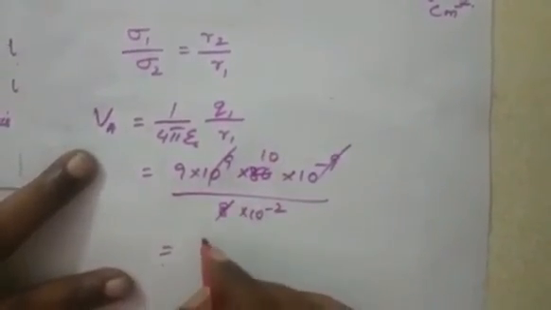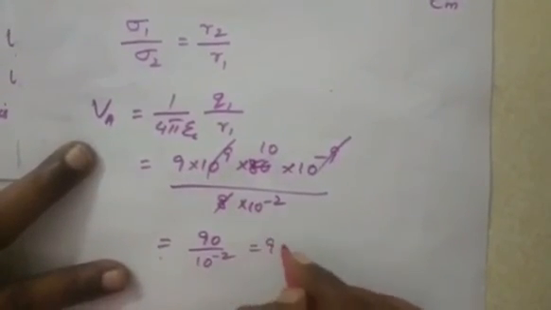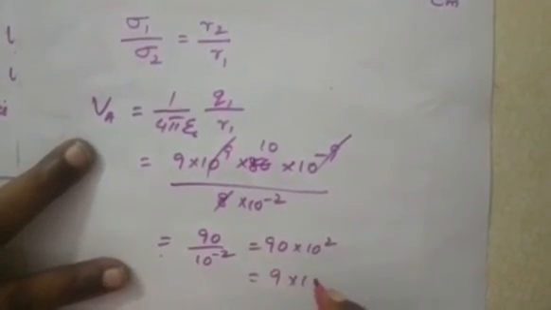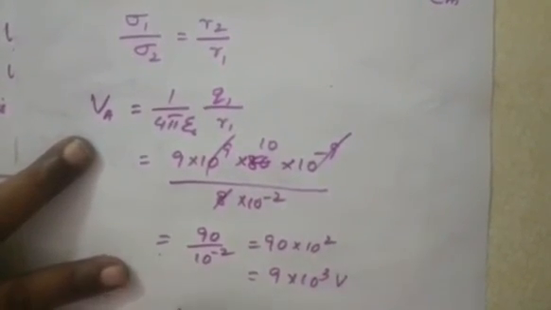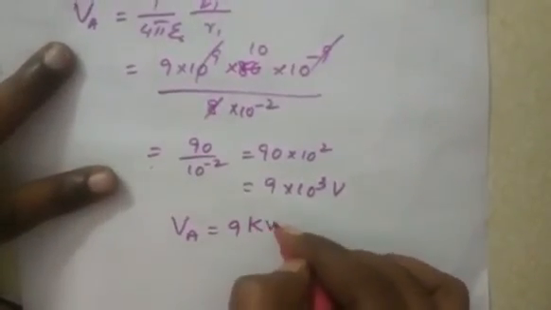So 90 divided by 10 power minus 2, which is equal to 90 into 10 power 2, which is equal to 9 into 10 power 3 volt. So VA is equal to 9 kilovolt.